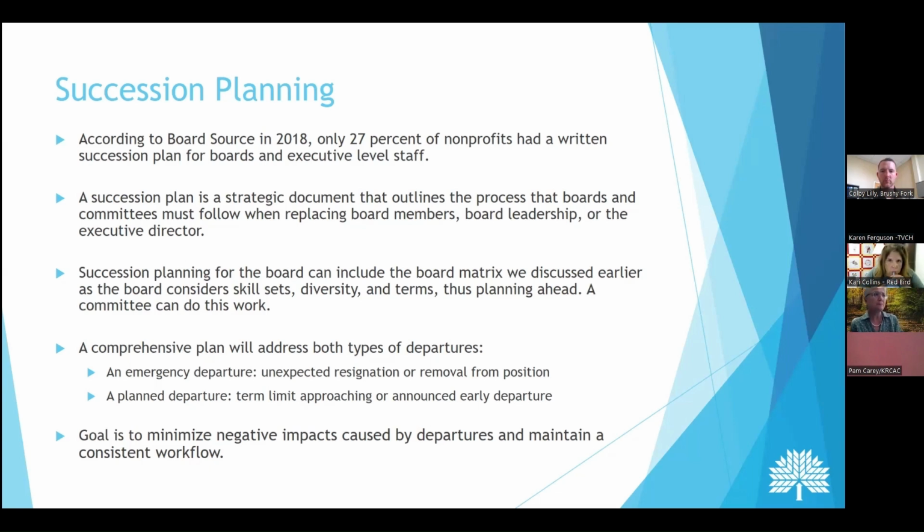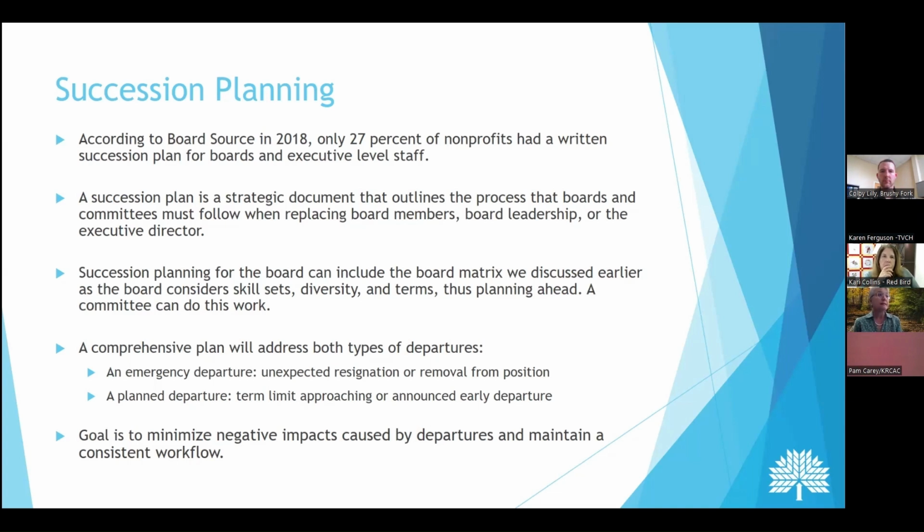According to the organization BoardSource in 2018, only 27%, so less than a third, of nonprofits had a written succession plan for executive-level staff and for boards, because you can think about succession planning for your boards as much as for your staff.